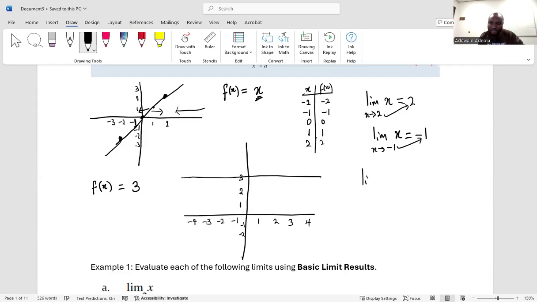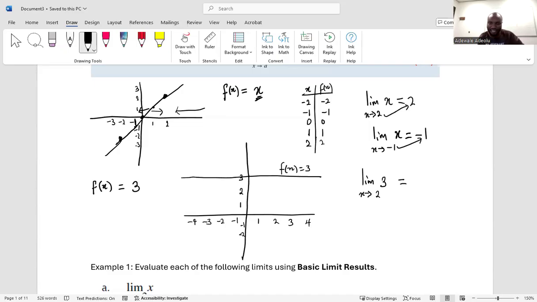If I ask you what is the limit as x goes to, let's say, 2 of our constant function, 3, so this is our function, f of x equals 3, just a constant function.